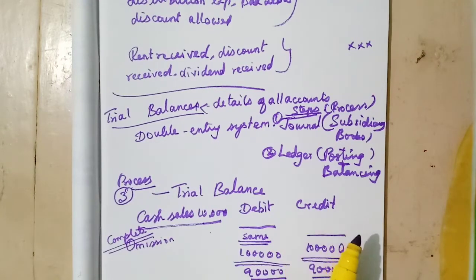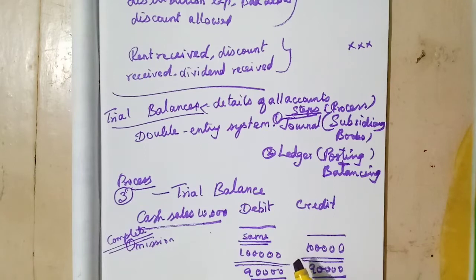So we cannot conclude that if debit and credit are equal, there may not be any error. There will be an error, but it may not be detected. But if there is a difference in the debit and credit balance, then we can say we have made some error. Understand? So immediately we have to check it out.